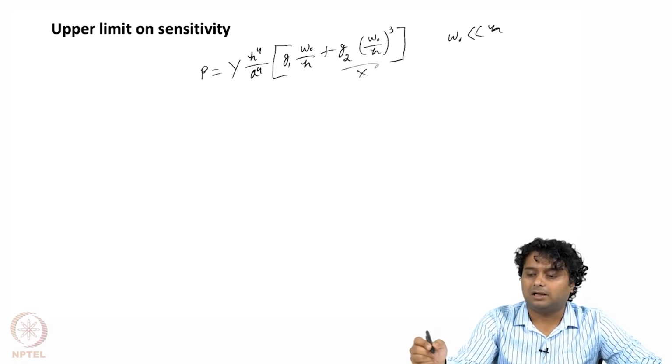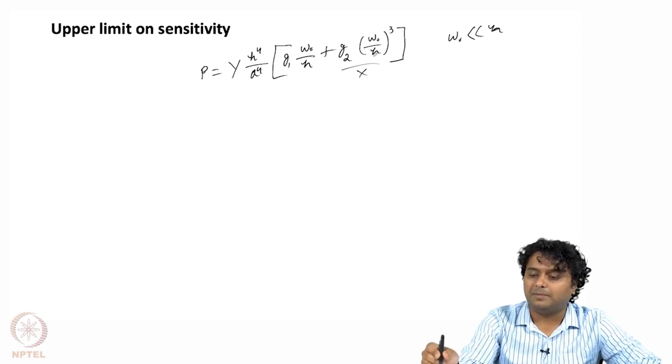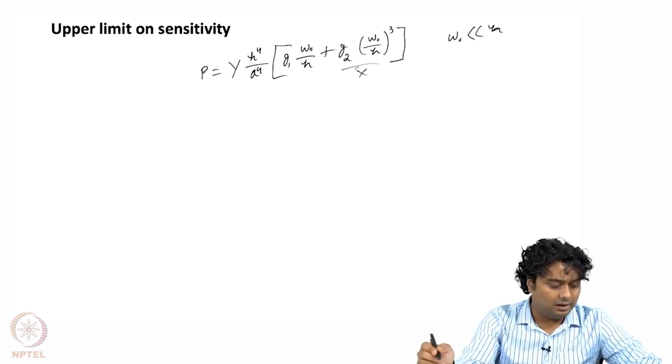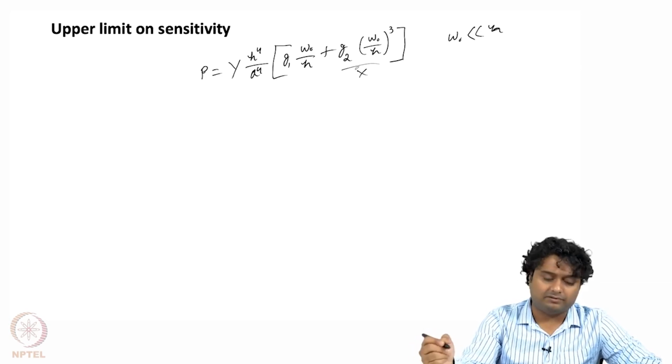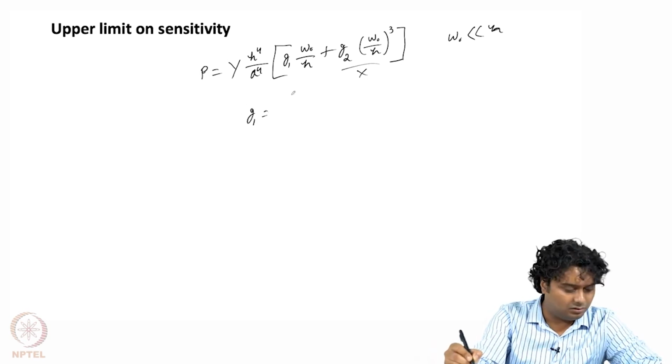But if we make the membrane very thin, then this non-linearity kicks in, because then we cannot neglect that term. So this will add extra complexity to our device.